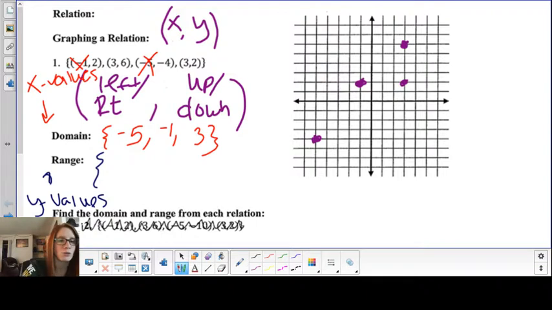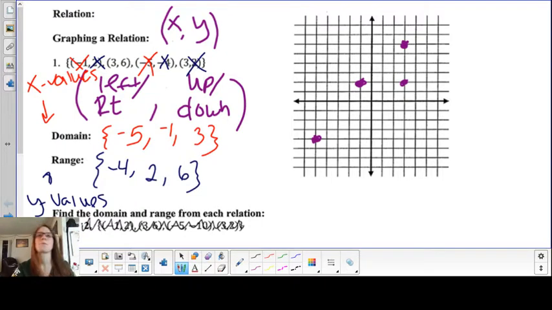So I have 2, 6, -4, and 2. Of those, my -4 is the smallest. Next comes 2, but even though I have 2 of them, I'm only going to write it once. And lastly, my 6.